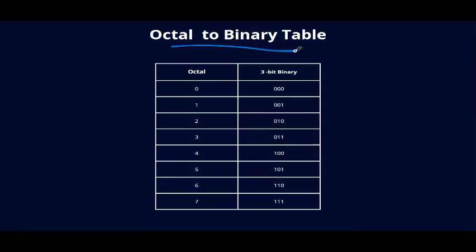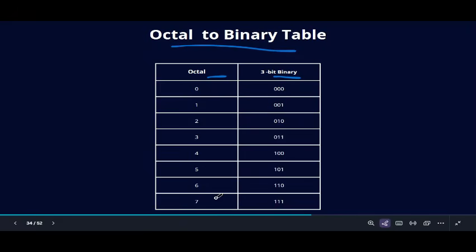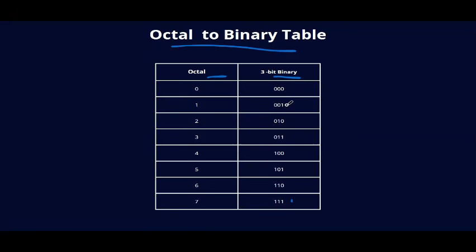This is the octal to binary table, which shows the octal digit and its 3-bit binary counterpart. So 0 is represented by 000, and 7 is represented by 111. Here bitwise addition is performed and each binary group is incremented by 1 to get this table.